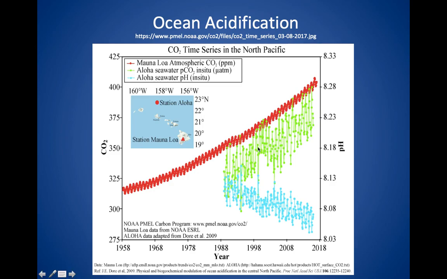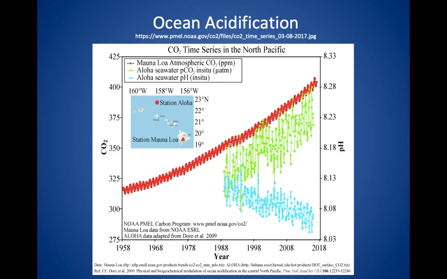And the three quantities that are plotted here are the carbon dioxide intensity, which is in red, and then the seawater concentration of carbon dioxide, which is in green, and then the pH, which is in blue. So lower pH means more acidic. So the seawater is getting more and more acidic. And this is happening globally.